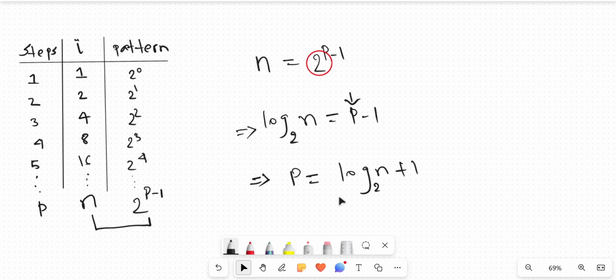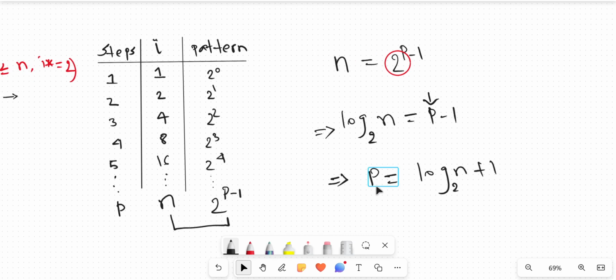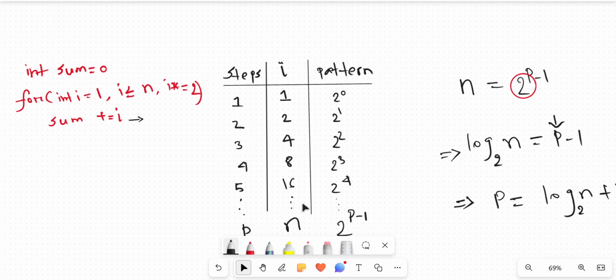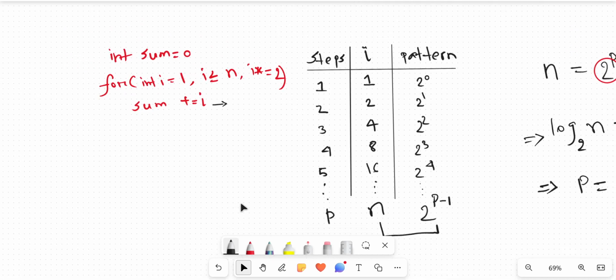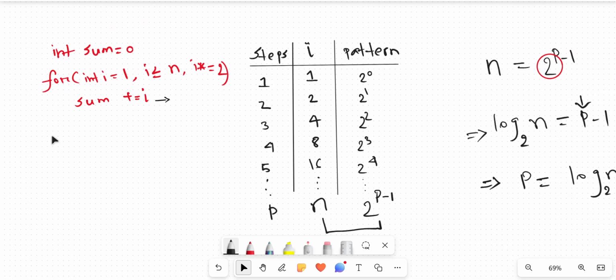So why was I trying to find the value of p? What is the purpose? Well, it's very simple. Can you please tell me how many times this for loop will be executed? This for loop will be executed the number of steps. What is the number of steps? The number of steps is p.